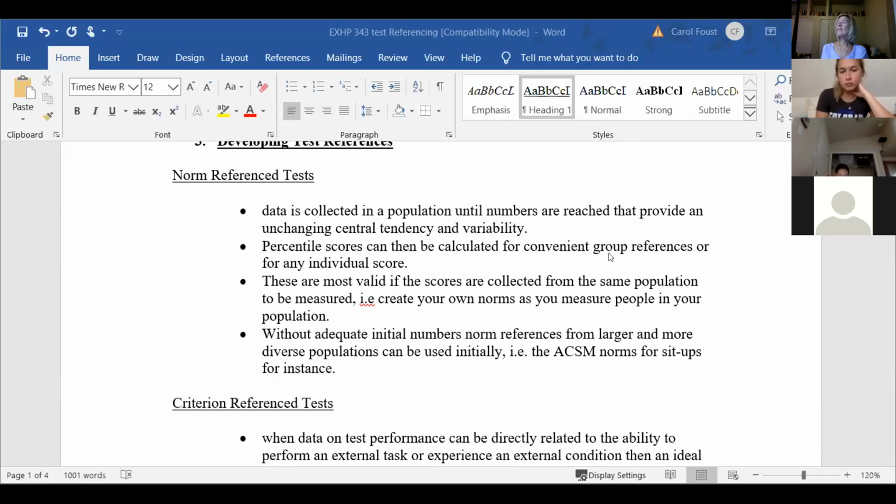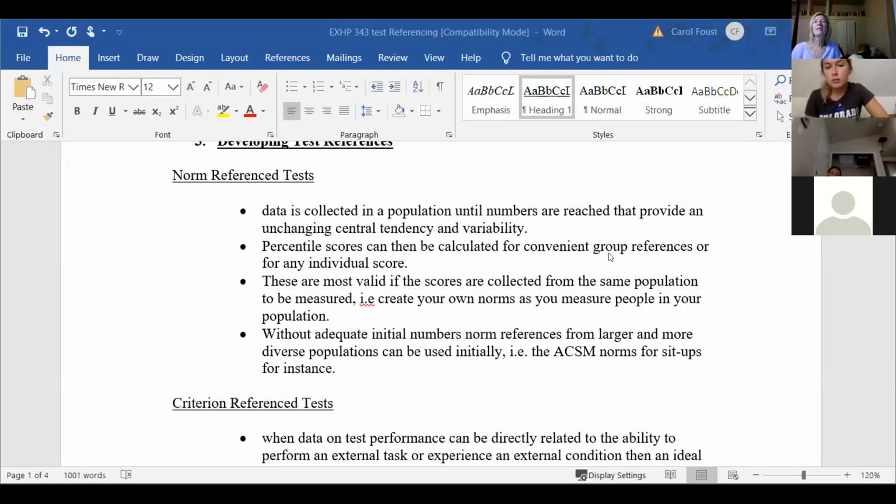Okay, so exactly what you're going to do for the extra credit is what you would do for referencing. You're going to be able to see where you fell on this norm referencing. All we're using is a norm reference for the class, so we're figuring out what the norm is.